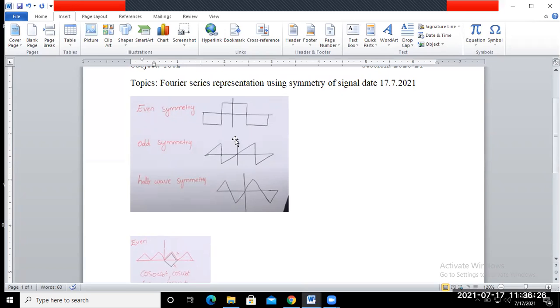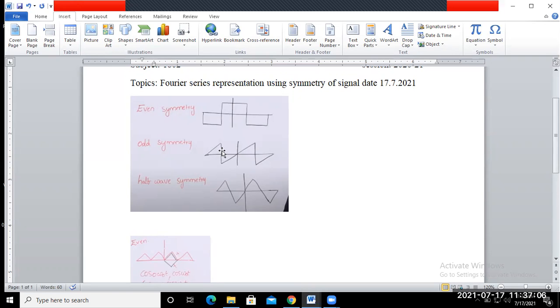Suppose you consider the second waveform. Here x(t) equals minus of x(-t). Suppose this one is your x(t), and if you consider this one, x(-t), it is this one. If you take the mirror image of this half signal, from 0 to this point, the figure will look like this.